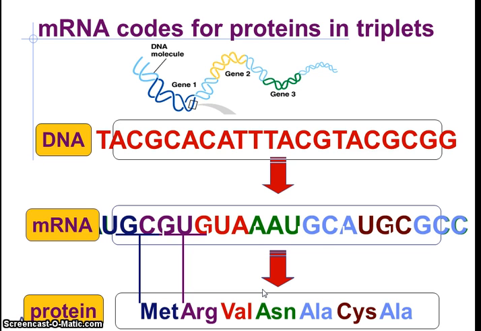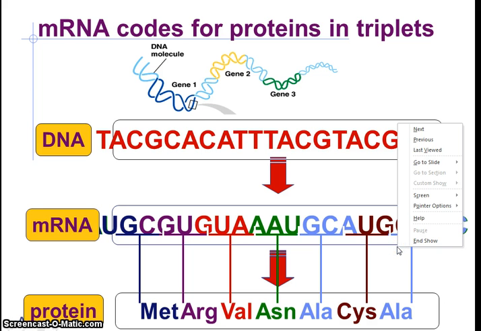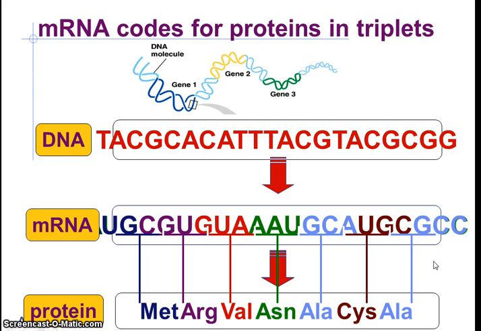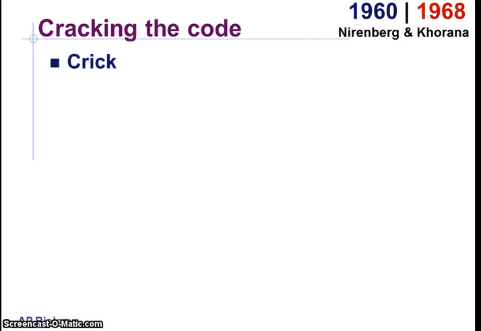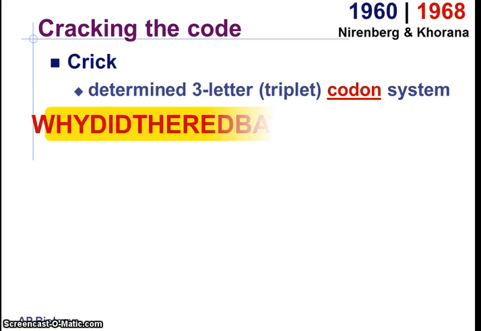These aren't lining up real well, but you can kind of see. And so the codon is every 3 nucleotides. Crick, as in Watson and Crick, who found the structure of DNA, determined the 3-letter triplet, which is the codon.